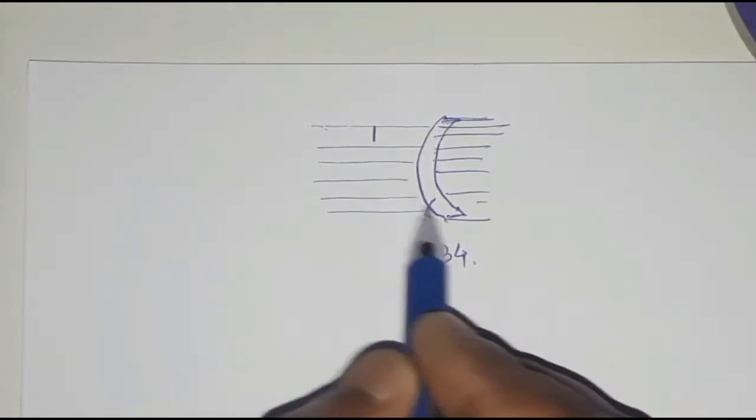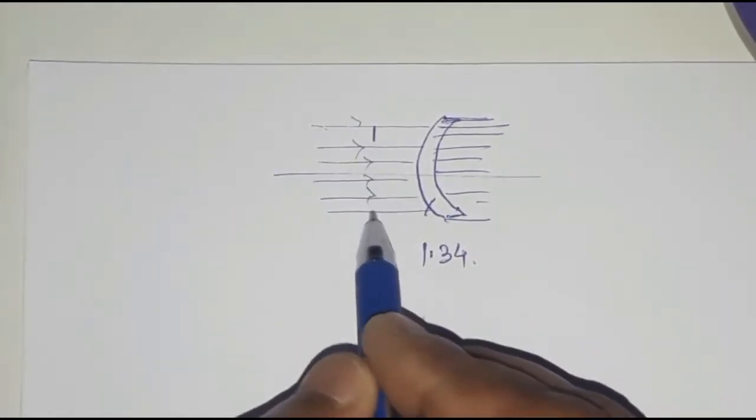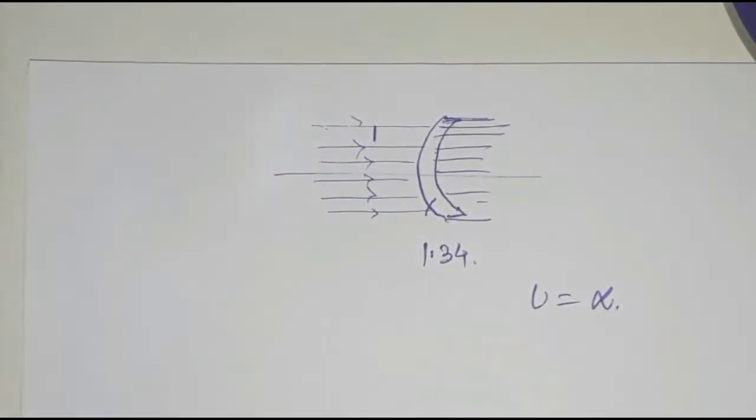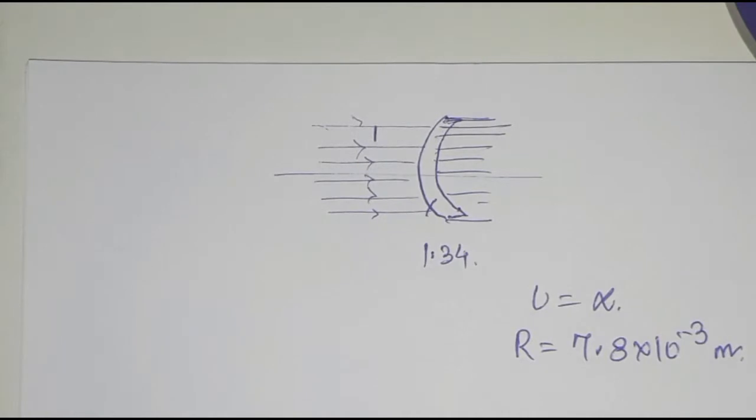If this is a parallel beam of light, that means u is equal to infinity. Radius of curvature is given to you, that is 7.8 mm, that is 7.8 into 10 raised to power minus 3 meter. So here you have to find where it will get focused, so we have to find V here.